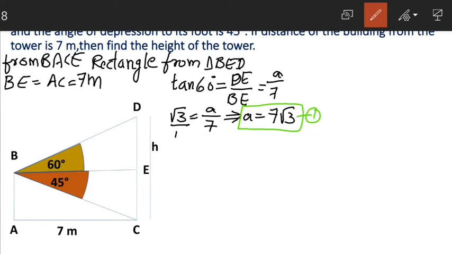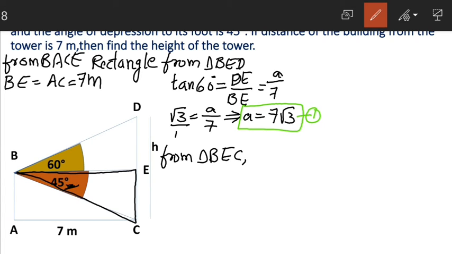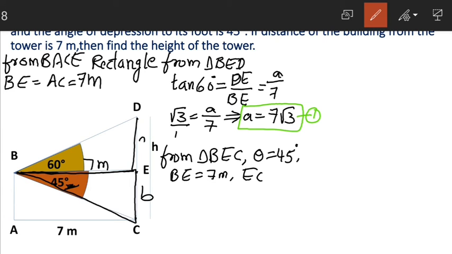Now consider another triangle, BEC. From triangle BEC, here theta is 45 degrees, and the BE value is 7 meters. EC we don't know, let it be small b. DE is a, already calculated in equation 1.